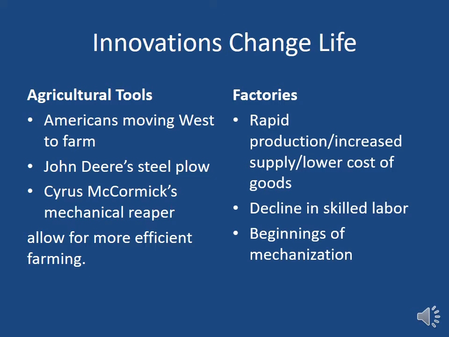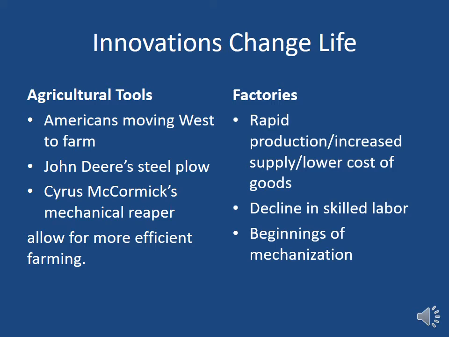We also see factories start to become more widespread, and in these factories we see rapid production of goods, which increases the supply and then lowers the cost of that good. Okay, we also see a decline of skilled labor.